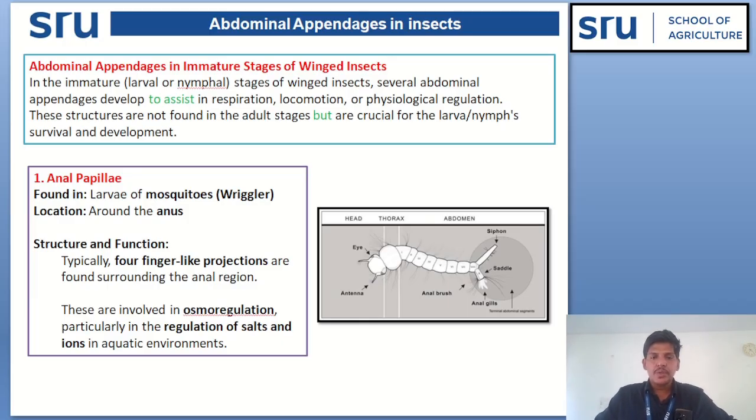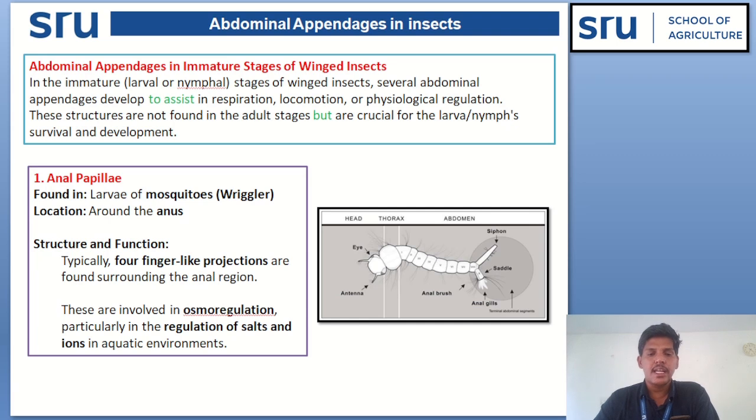In the immature, larval or nymphal stages of winged insects, several abdominal appendages develop to help in respiration, locomotion, or physiological regulation. These structures are not found in the adult stage but are crucial for the larval or nymphal survival and development. See the first appendage, that is anal papillae.